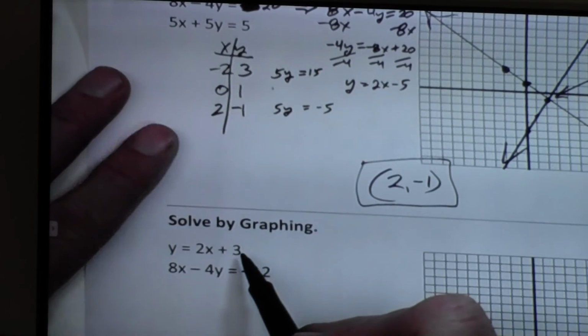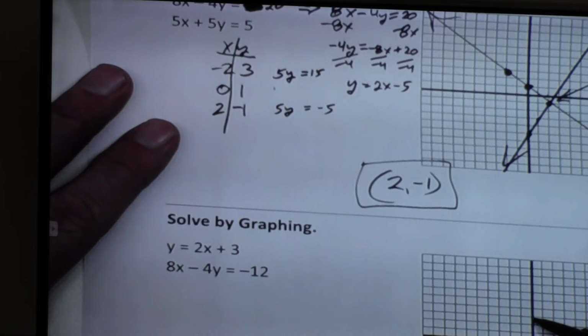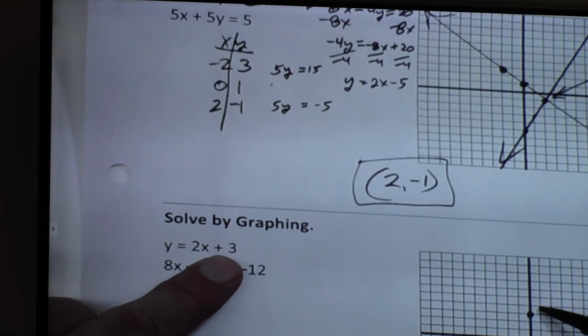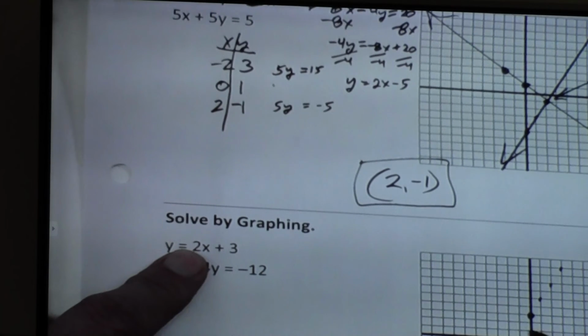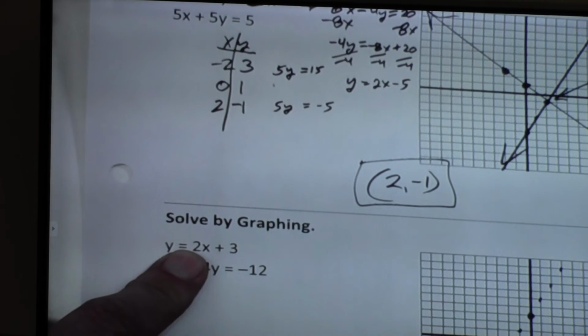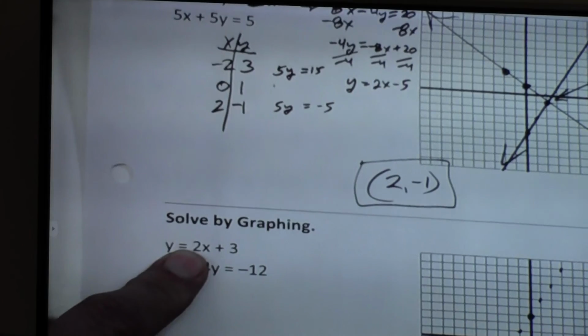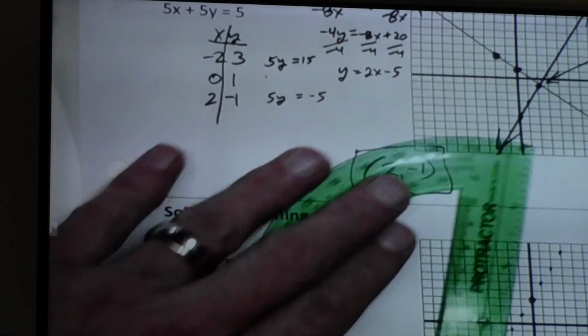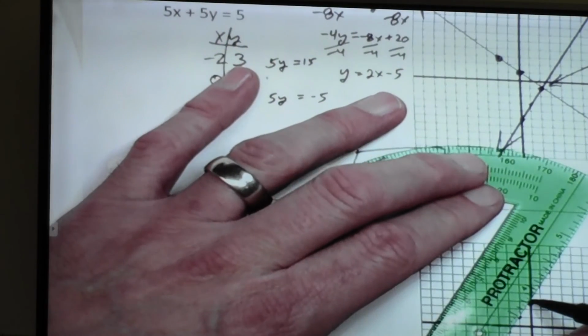And now here for this one. This is already in slope-intercept form. So let's go to the y-intercept and then a slope of 2 over 1 numerous times, or negative 2 and negative 1 for the slope. And I will draw this line.